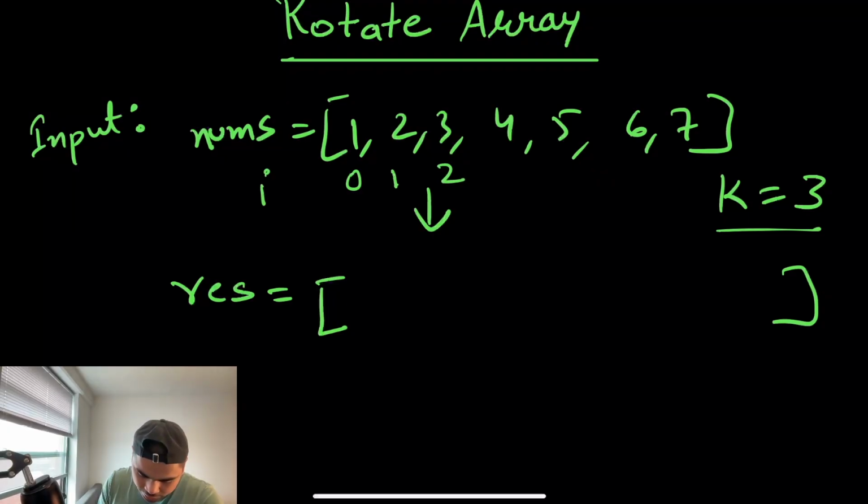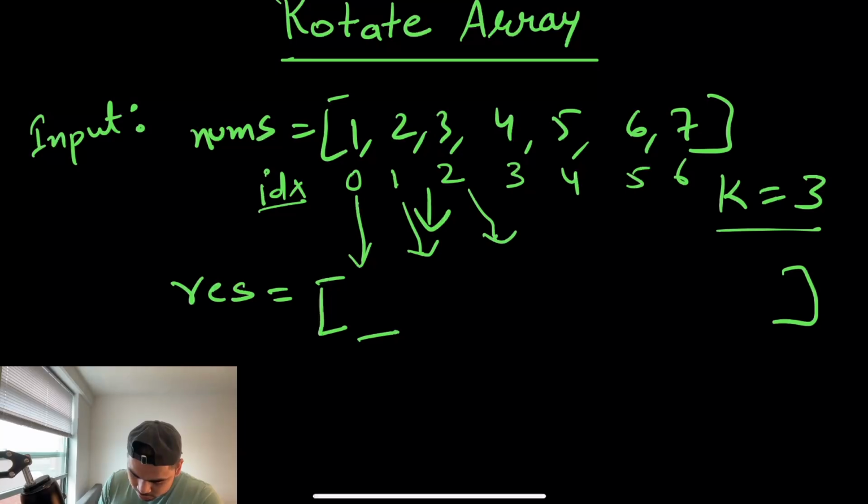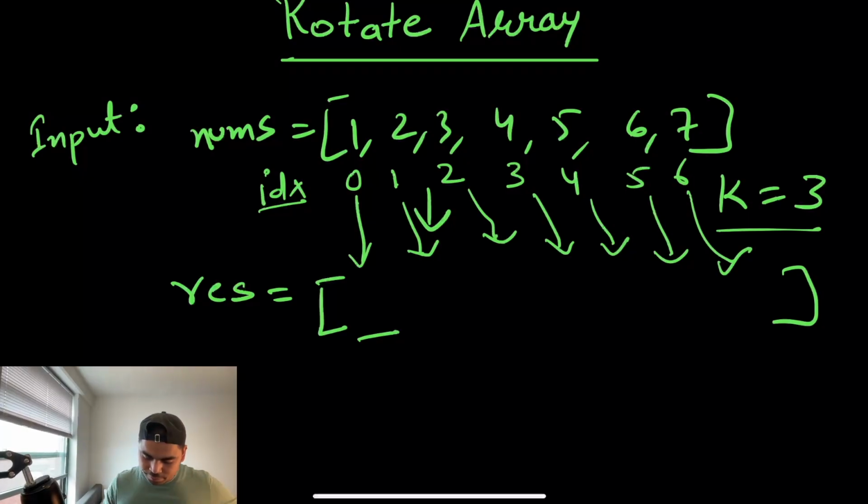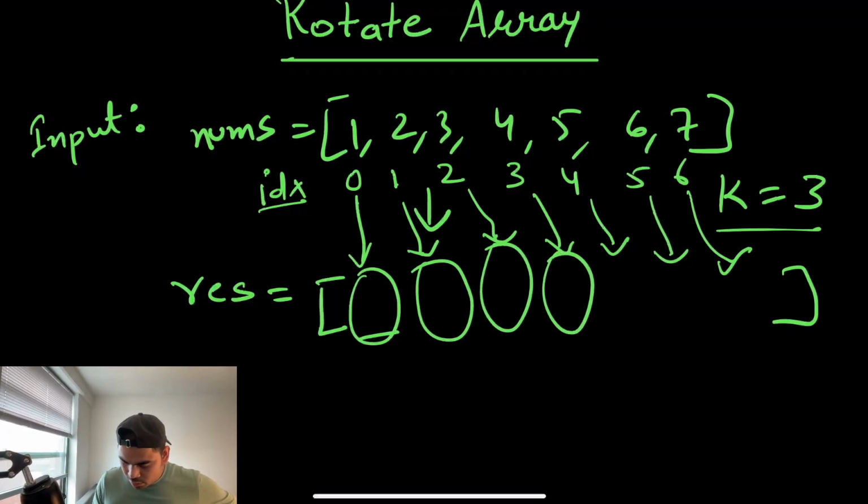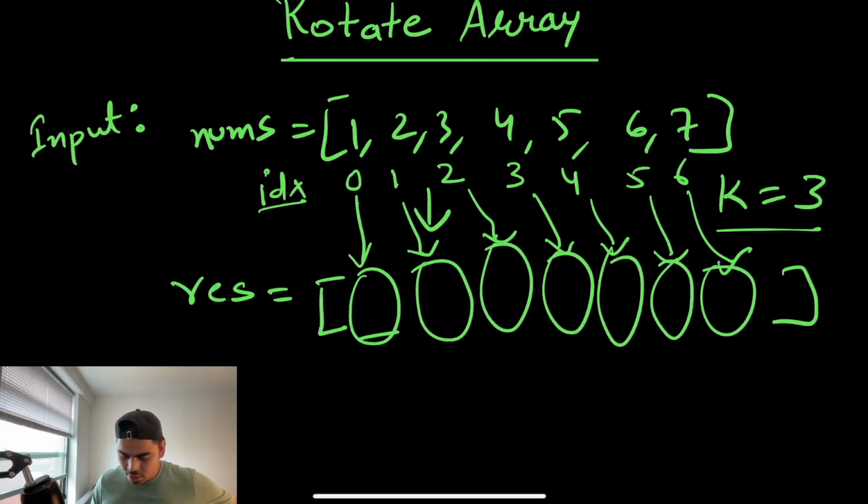Let me write the indices here, 0, 1, 2, 3, 4, 5, and 6. To calculate the new index values, I'm pointing them so that I'm writing those updated values over here. So this will be the updated array.